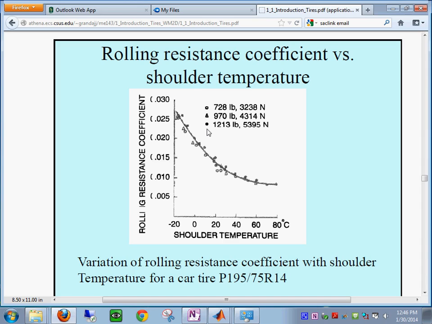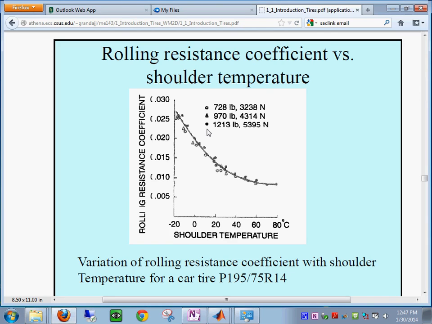If you see the increase in shoulder temperatures, you could see how low it goes.